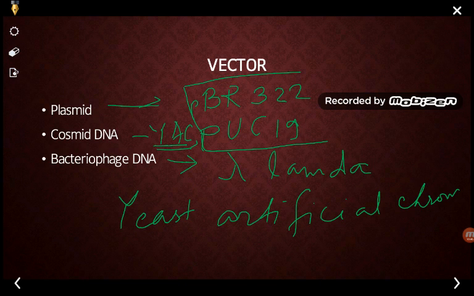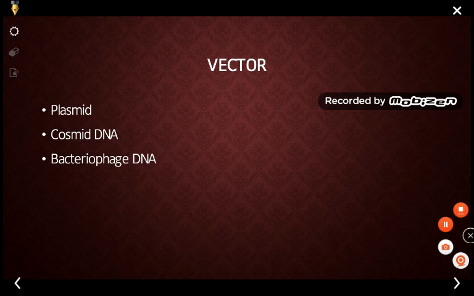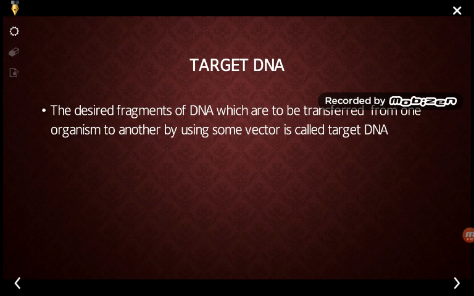So you must know the different types of vectors which are used in order to insert the interested gene inside the vector. And what do you mean by the target DNA?